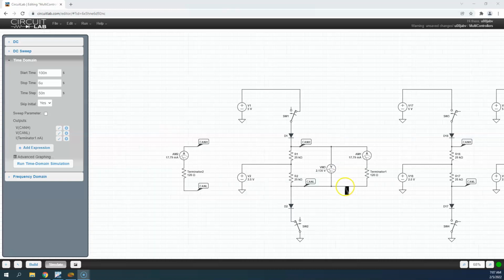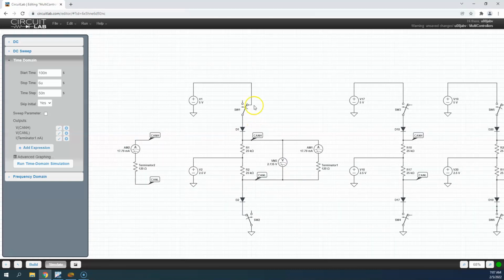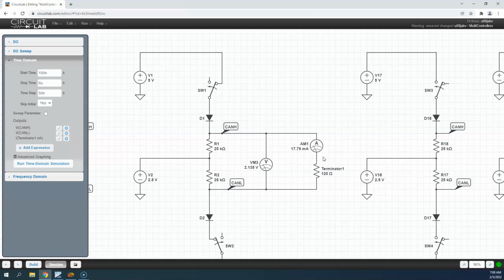So the reason that when there's one controller transmitting, the CAN high voltage is 3.5 volts and the difference in voltage is about 2.5 volts, is because of the current and because of the terminating resistor.